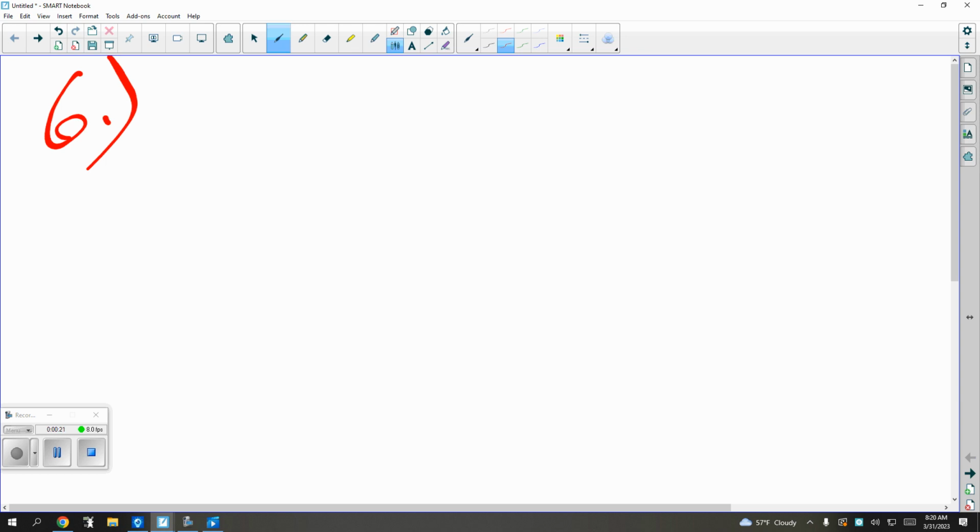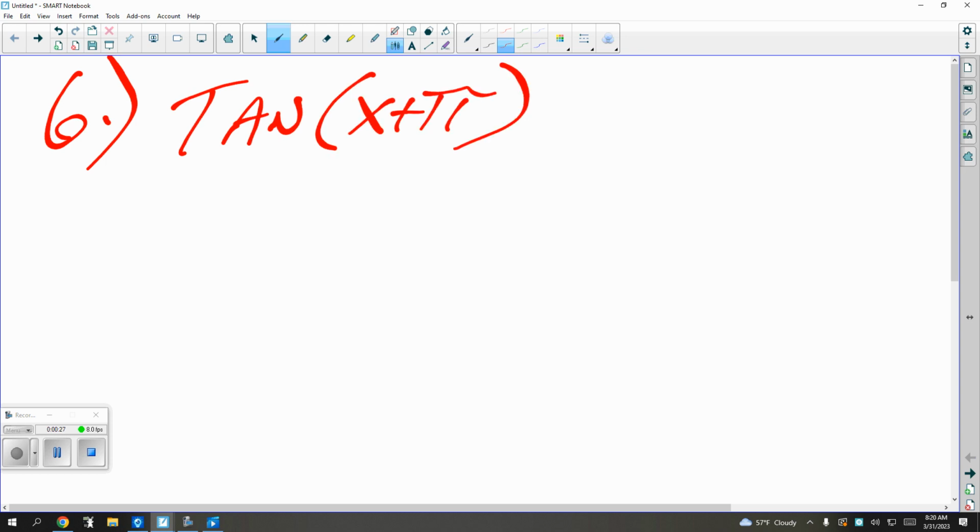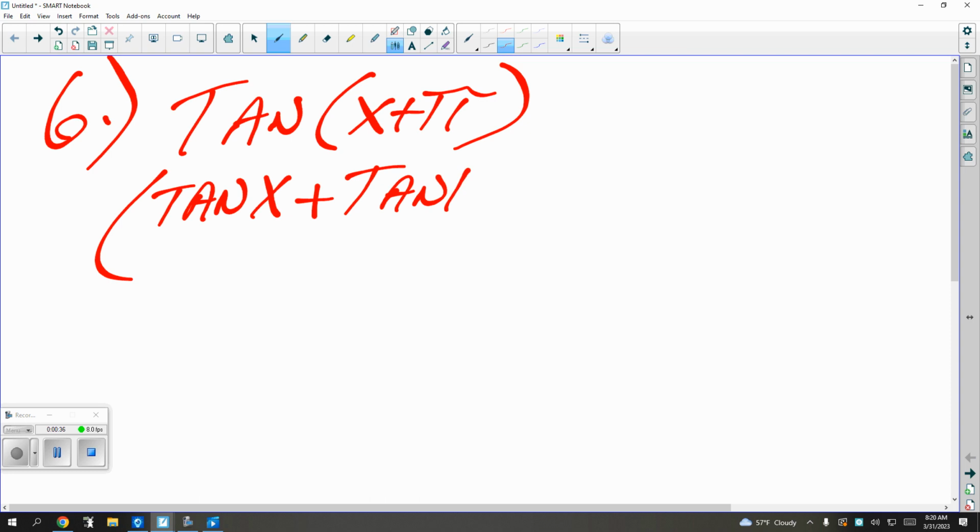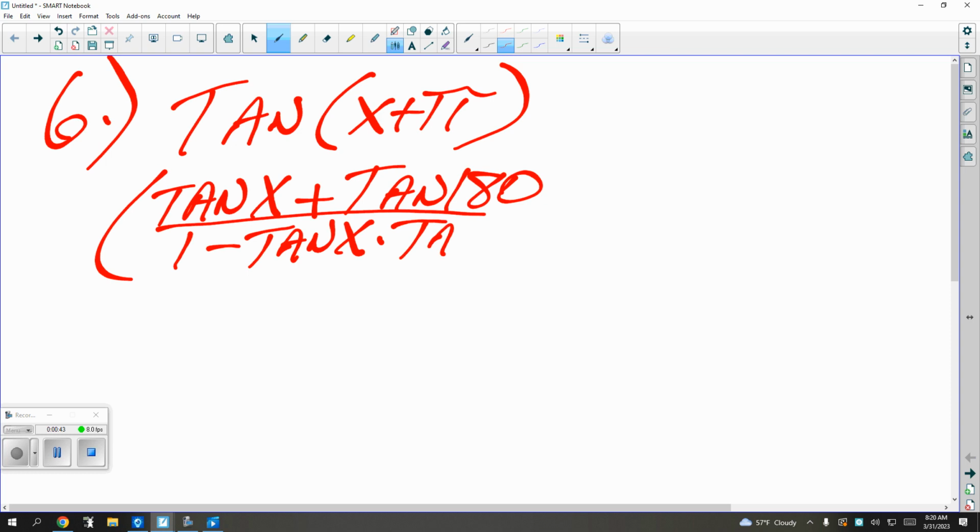So I'm going to do this for the first property. It's really tangent of x plus pi, but that's going to be tangent a plus b. So that's going to be tangent x plus tangent 180 all over 1 minus tangent x tangent 180.